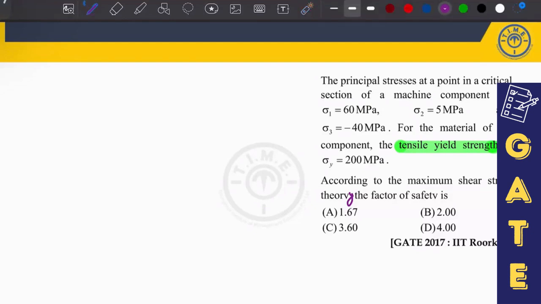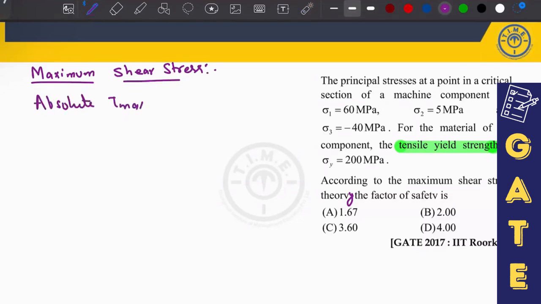As you know, according to the maximum shear stress theory, absolute tau max can be written as yield shear strength divided by n, and since they have given the yield tensile strength, and you know the relation, it is yield tensile strength divided by 2n. Now the question is how to calculate the absolute tau max.